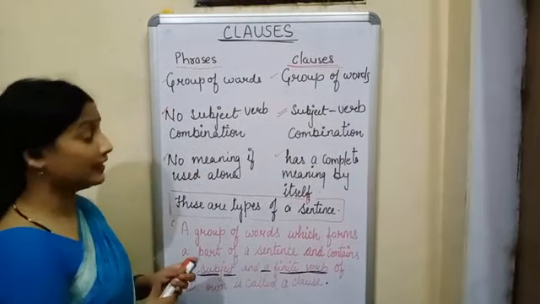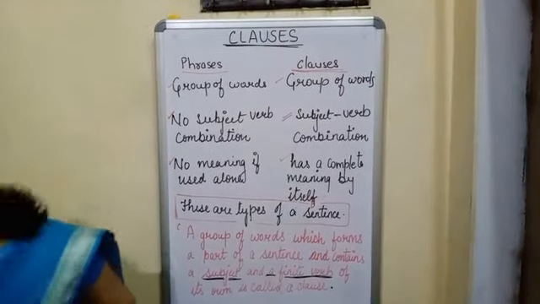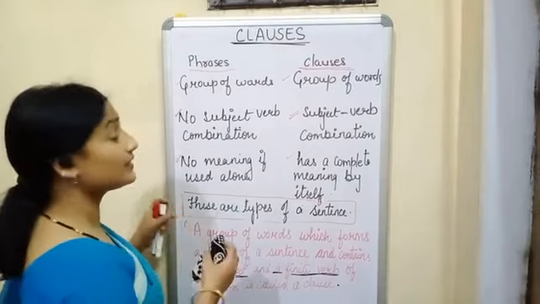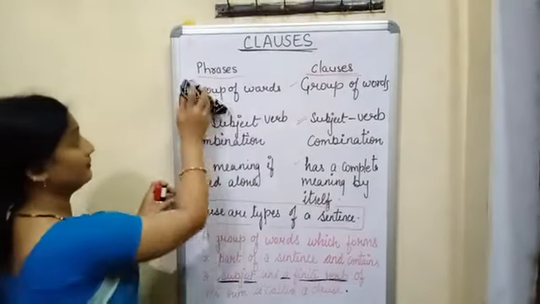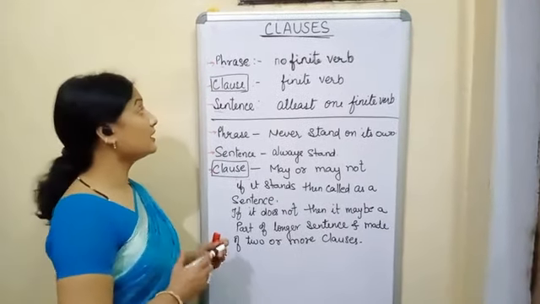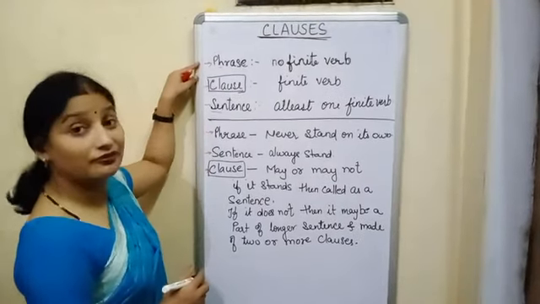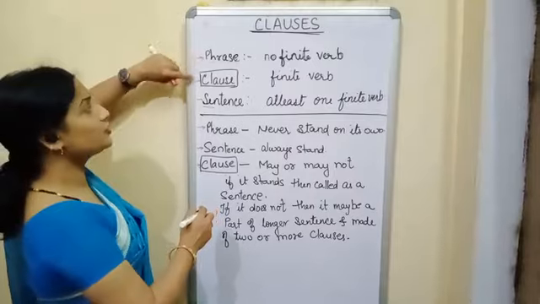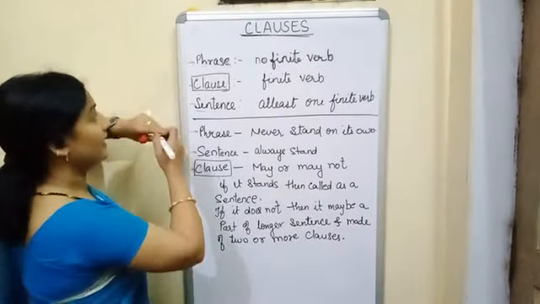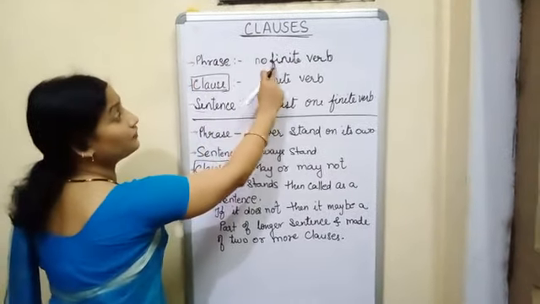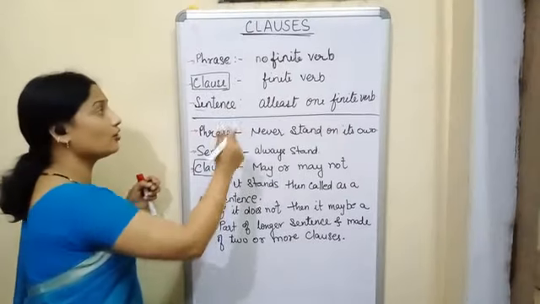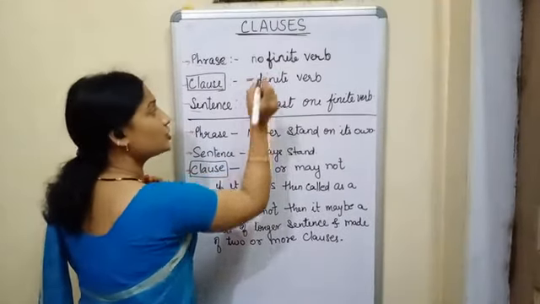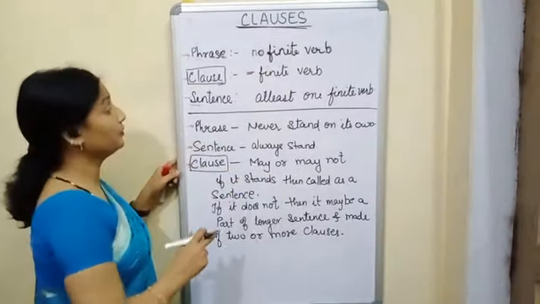Now just see, I'll start the difference between phrase, clause and sentence. This too we already know. A phrase has no finite verb. And a clause should always have a finite verb.